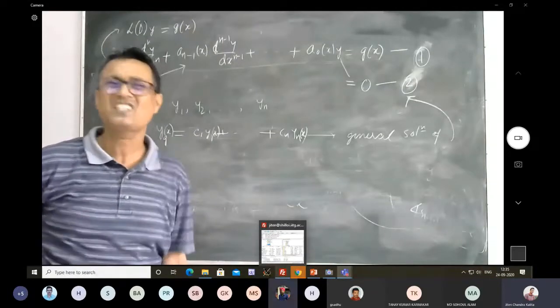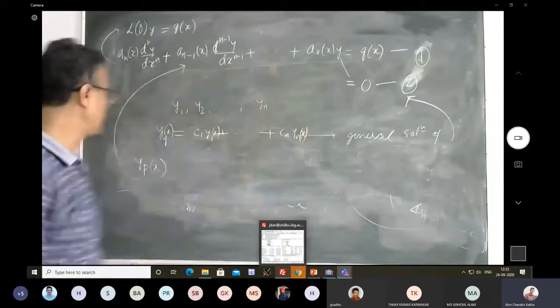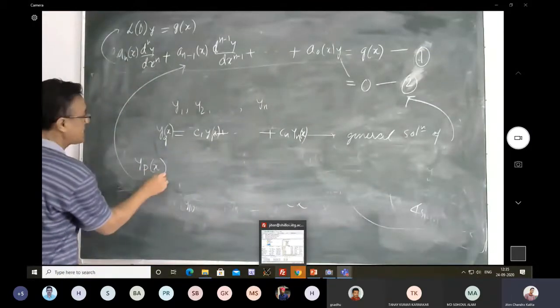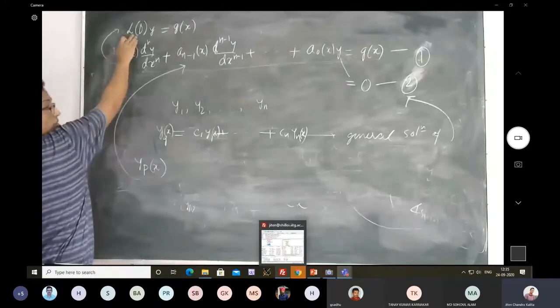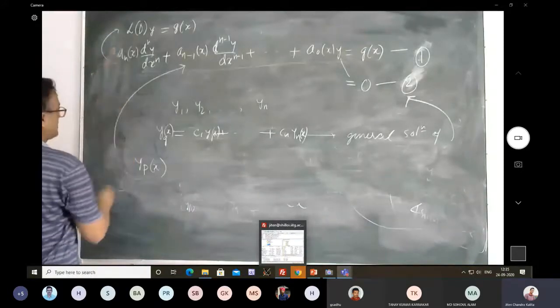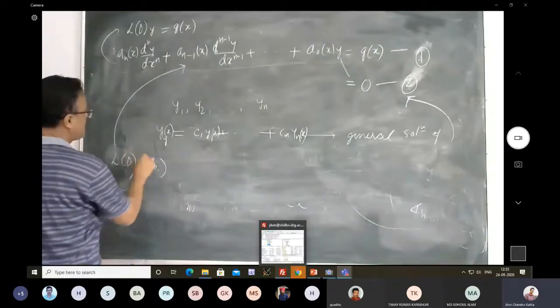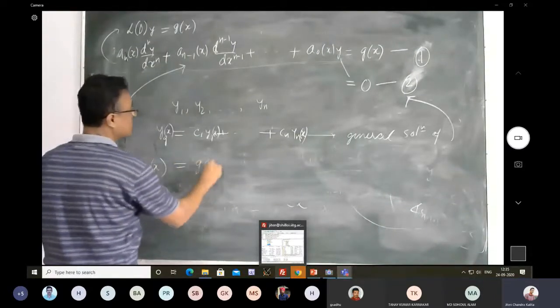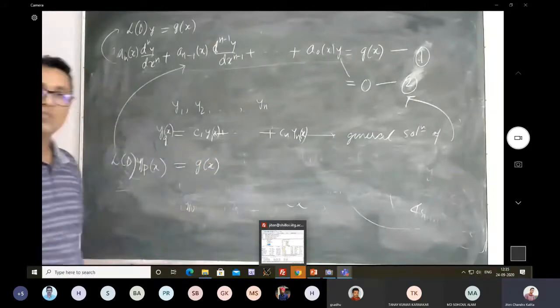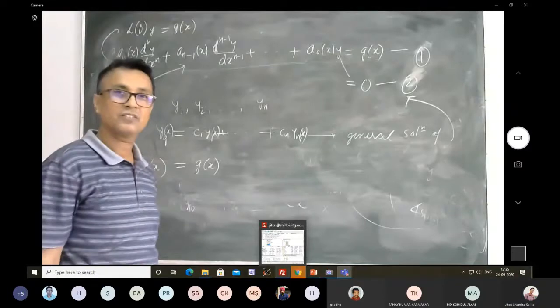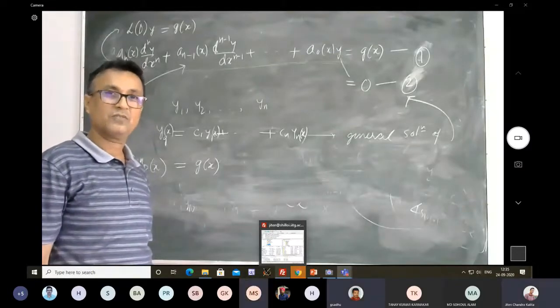Fine. Rather than writing it all the way through, let me shorten it. So if y_p(x) is a particular solution of this equation, you are going to get L(D) y_p(x) equal to g of x. Is it okay? Yes, sir. Fine.